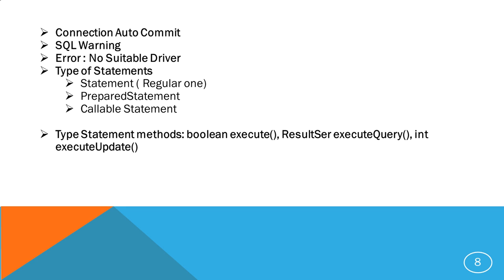There are a few other concepts, like connection auto commit. When you create the connection, suppose you are doing some transactional things, like inserting a record. By default, any database has something like auto commit true or false. When I say auto commit true, it means that whenever I do any operation, there is no need to commit it. Suppose I insert an employee. After inserting, I can commit it or roll it back, but that is only possible if auto commit is false.